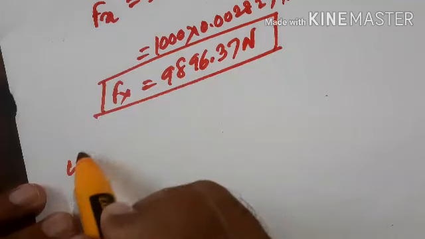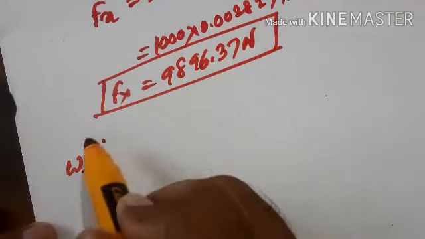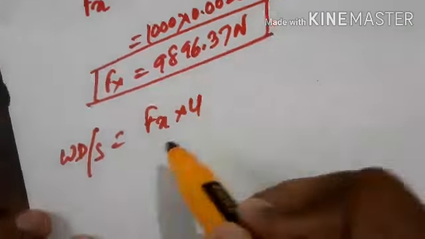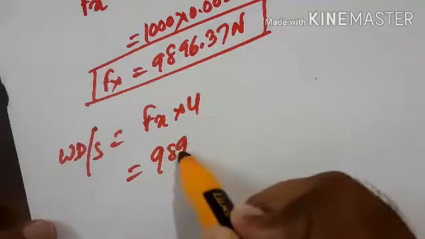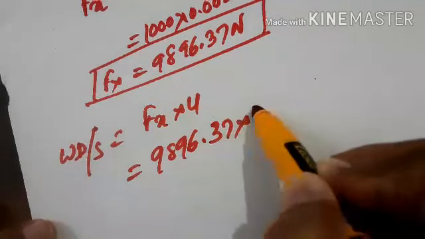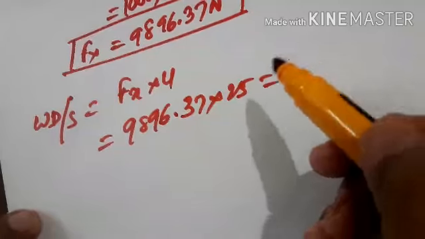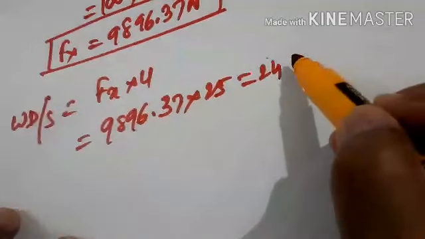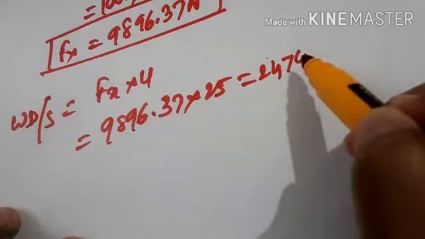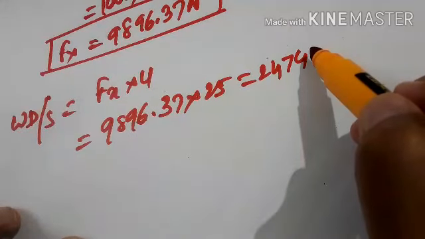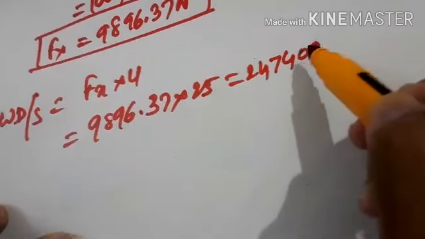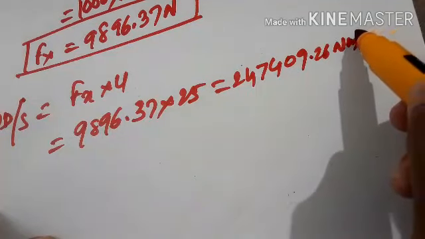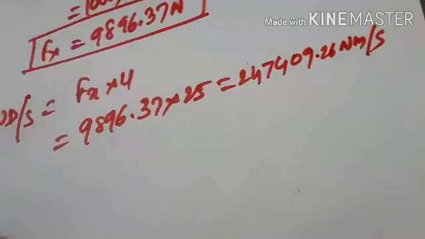Then work done per second. So we know the formula Fx into U. Then 9896.37 into 25, you get 247409.26 Newton meter per second. Okay.